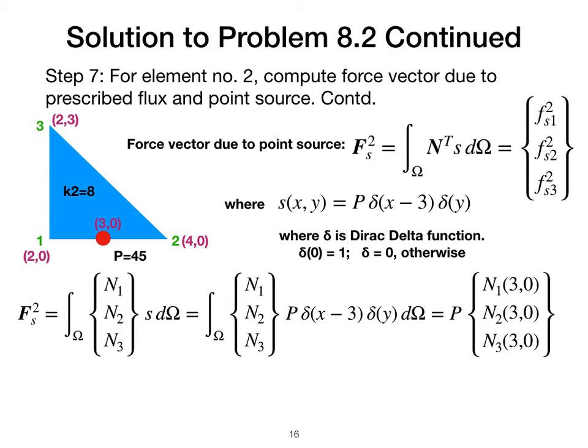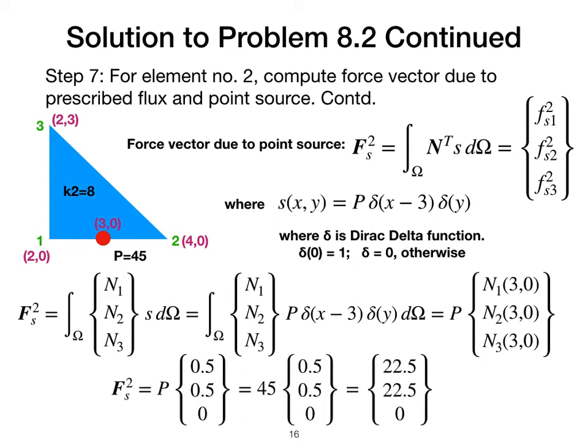Hence, the integral can be given by p times a vector containing N1 computed at (3, 0), N2 calculated at (3, 0), and N3 calculated at (3, 0).